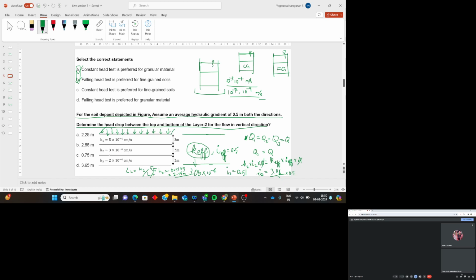Now you take horizontal flow and you take I as 0.5. Now you calculate discharge for each.